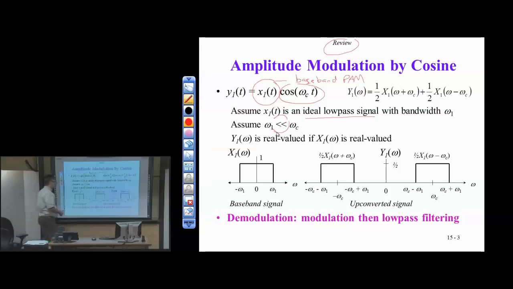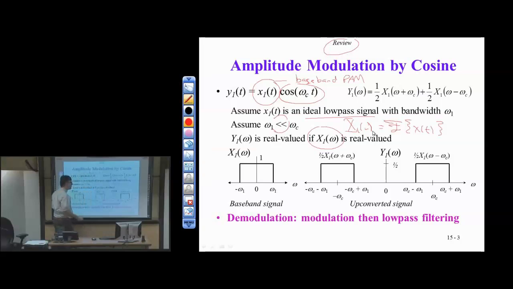Assume that the Fourier transform of little x1, so big X of omega is the continuous-time Fourier transform of x of t, exists, and also, just for the purpose of this discussion, that it's real valued.